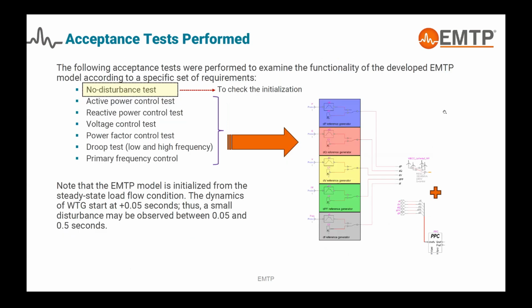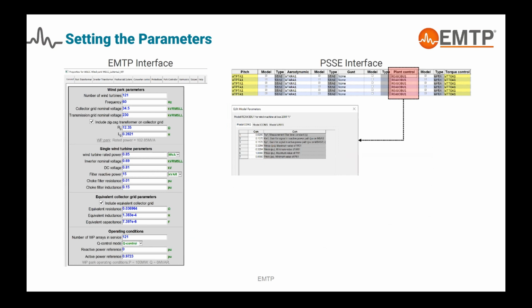Here is just to give an idea in terms of interface, right? And just to highlight the differences. So in terms of interface in EMTP, when you start modeling, let's say, a new power plant or your system, you are at the same time setting the parameters that will be used during the initialization for the load flow, and even for the dynamic analysis, right? You set all parameters through these windows, for example. But in PSSC it is different.